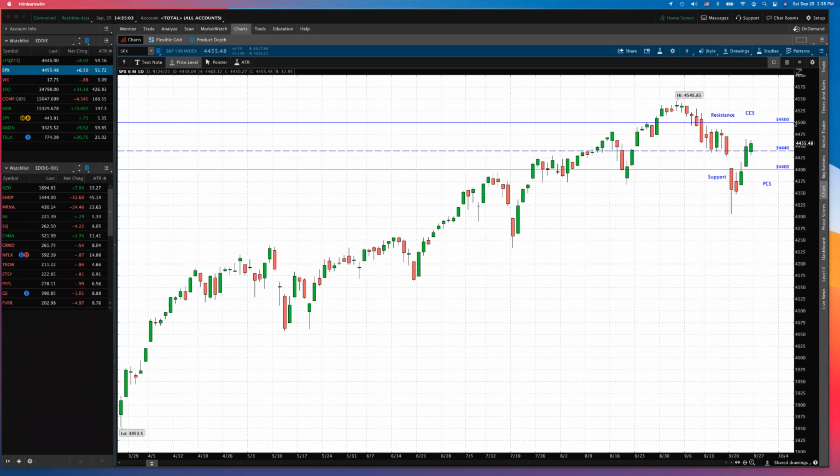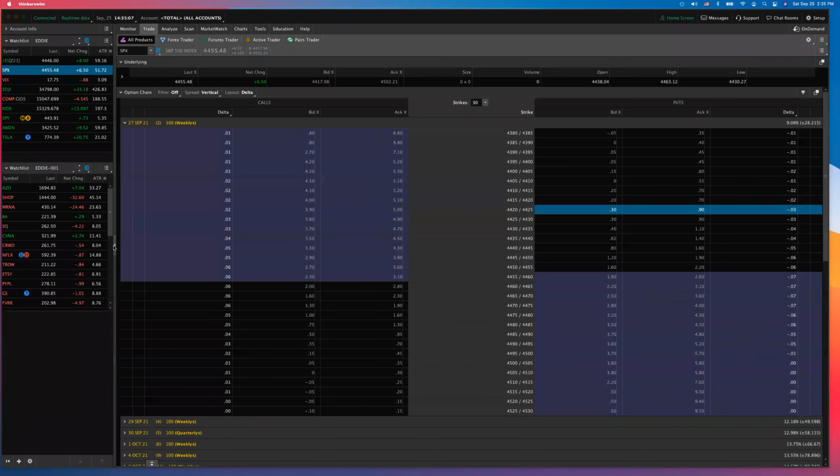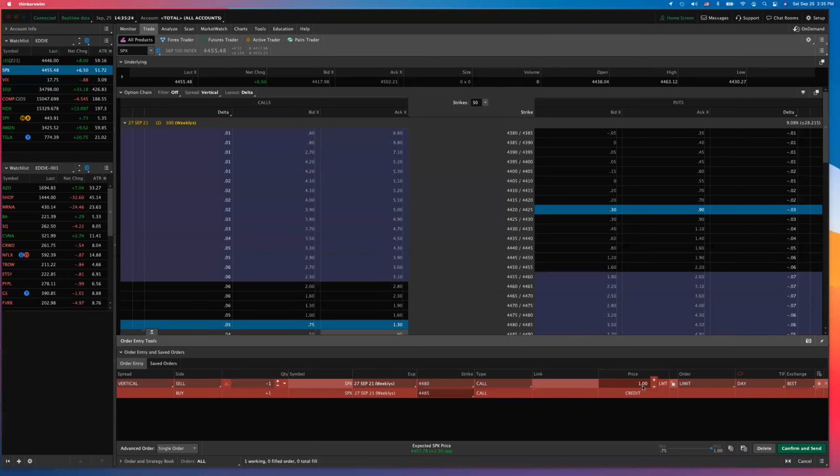So anywhere 44.80 and above is where we're going to look for premium, and let's do that. This time I am on the calls side of the option chain, and I'm looking for anything above 44.80 that still has anything. So I see the 80.85 actually does have about $1 in premium, which is great.